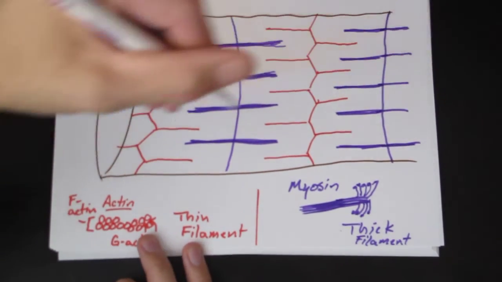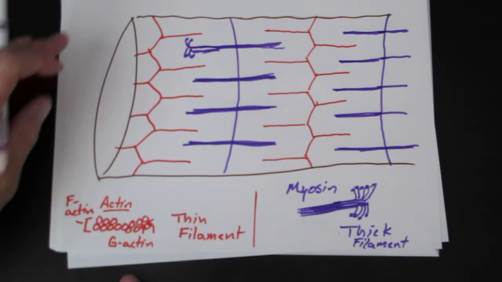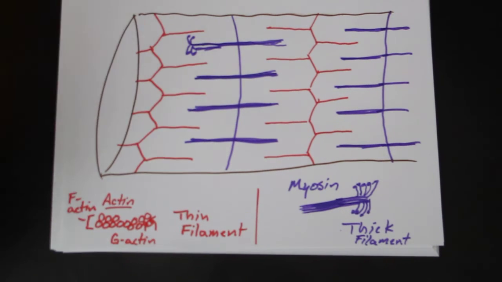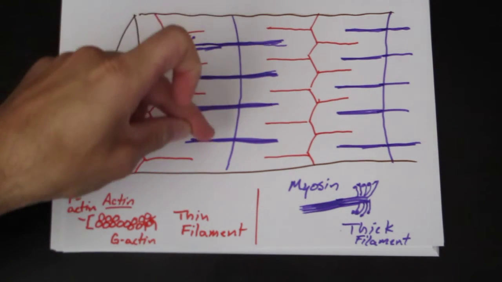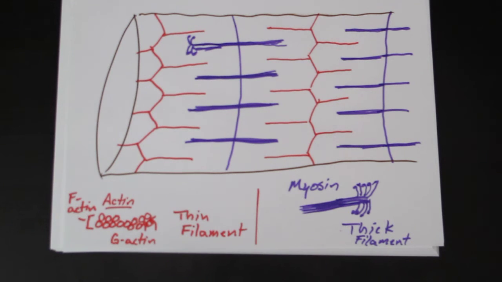Hopefully you can see at this point that I'm drawing a pattern that is simply going to repeat itself. Kind of like you were in elementary school and I asked you to pick out the pattern. You can see there's a pattern here that's repeating itself. So we have our thick filaments, we have our thin filaments, and we see that there is some overlap there.